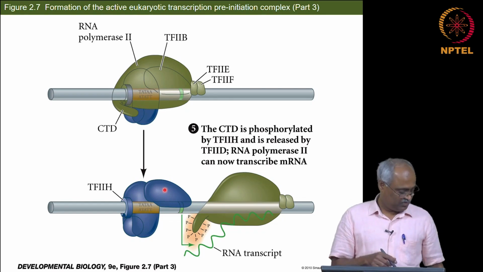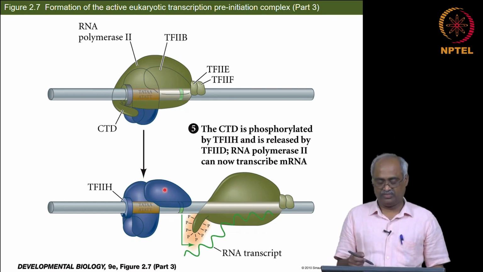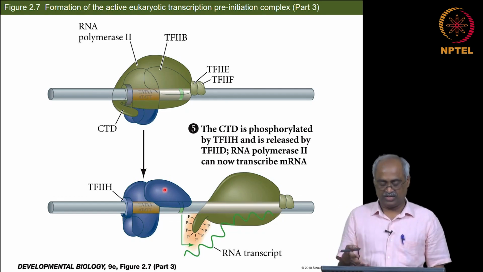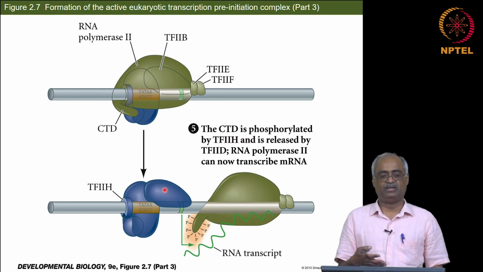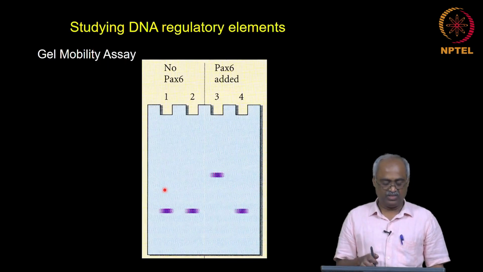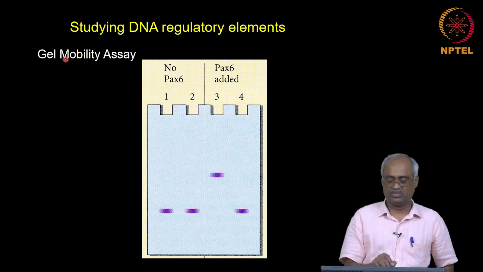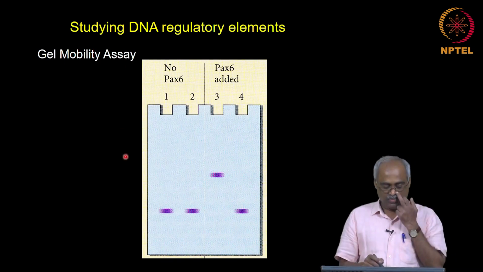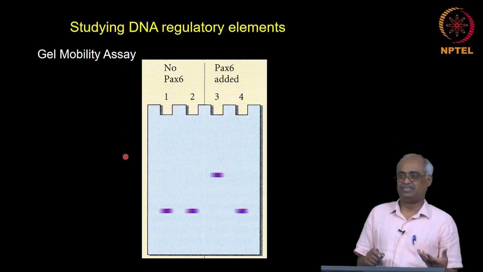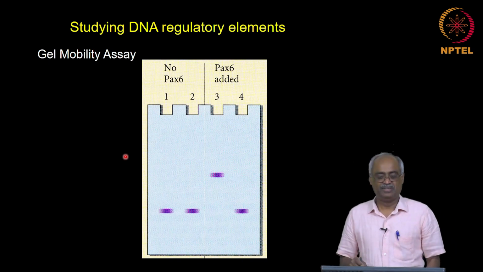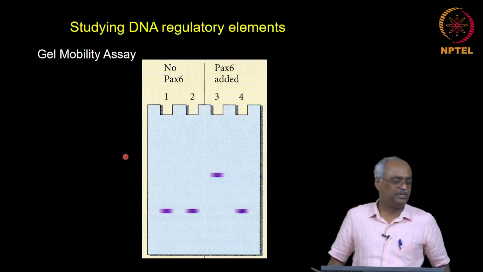And so, how do we test whether a given such trans-acting factor interacts with a given element of DNA or not? To test that we use this experiment called a gel shift assay or gel mobility shift assay or gel retardation assay. So, there are multiple names for it. Most commonly used term is electrophoretic mobility shift assay or EMSA.